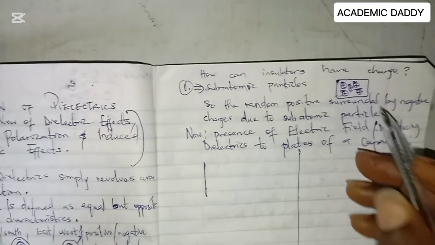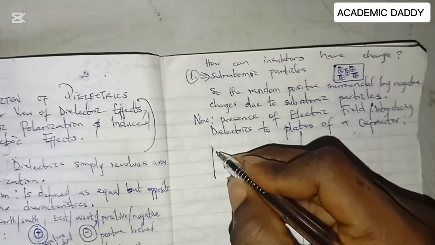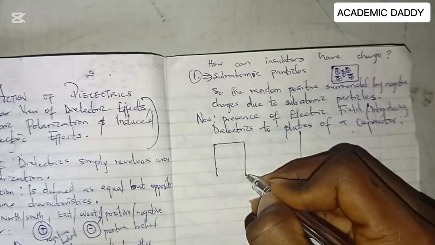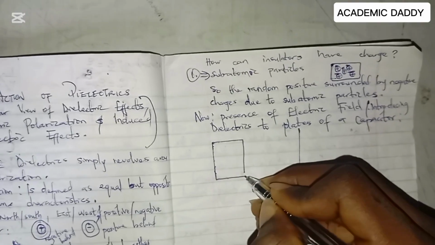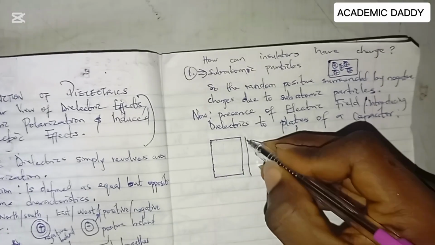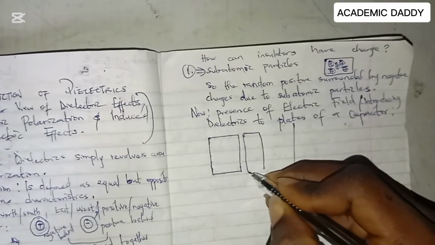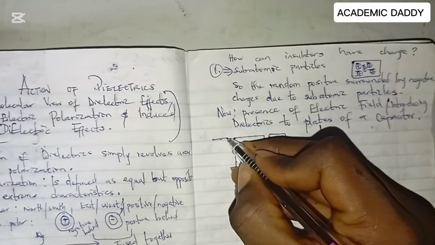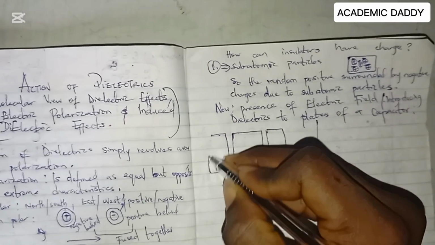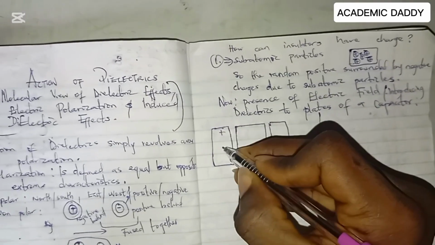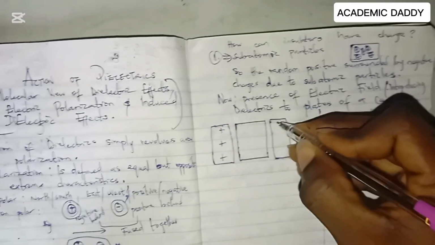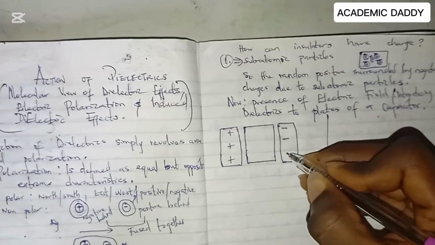this one that is random here will now come and say, okay, if this is the dielectric, and let's say this is right here, and let's say this is also right here. Let's say that this side is the positive side of the plate, and this side is the negative part of the plate.